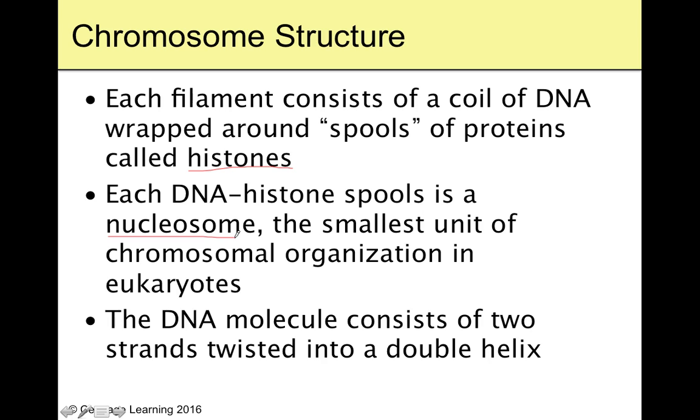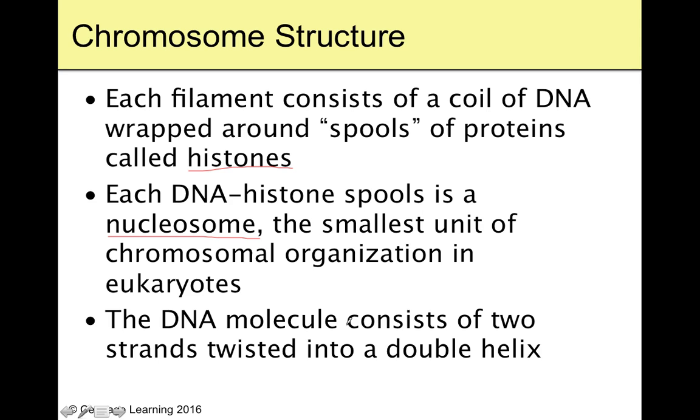That's what we call it if we wrap DNA around one histone a few times, and that is about the smallest unit of how you can organize a chromosome in eukaryotes. In prokaryotes, the DNA is just kind of hanging out in there, all bunched up in a pile. So in eukaryotes, like you and me, we get nucleosomes as the basic units of chromosome organization.